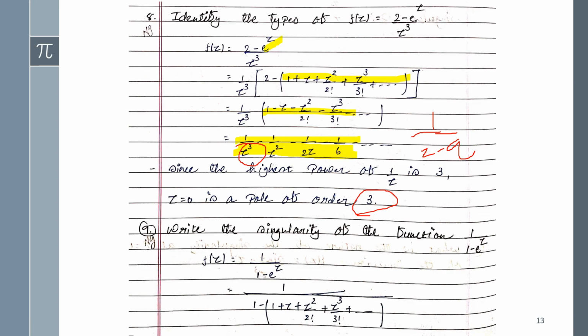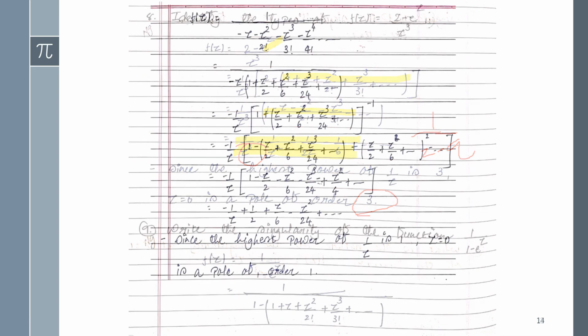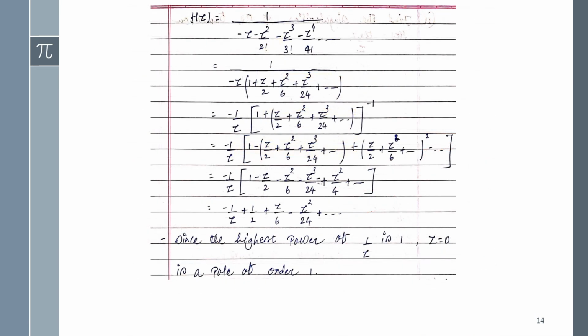And the ninth one is again the same as the 7th and 8th examples. Here I have written 1 upon 1 minus e raised to z, and you know the series of e raised to z, so I have applied the series of this expansion, and then done the simplification. Here I have used the binomial expansion also. See, I'm highlighting, guys: 1 plus x whole raised to minus 1.